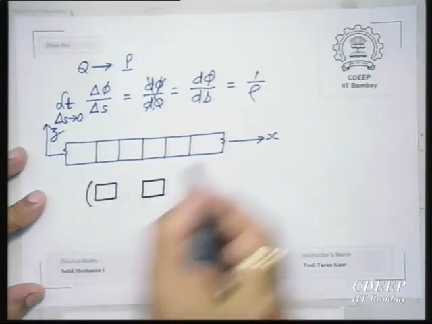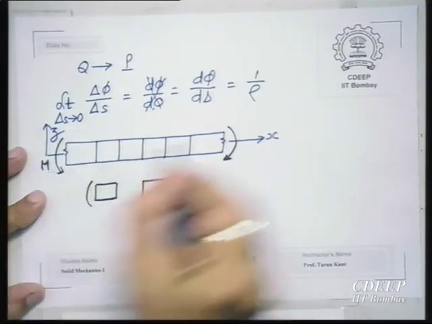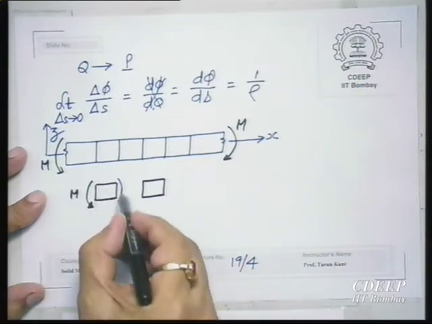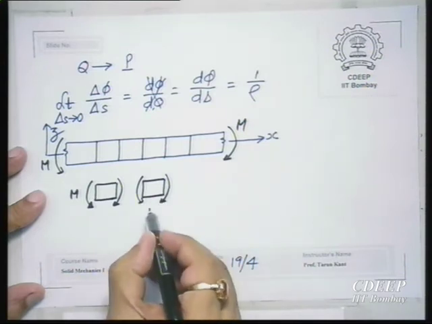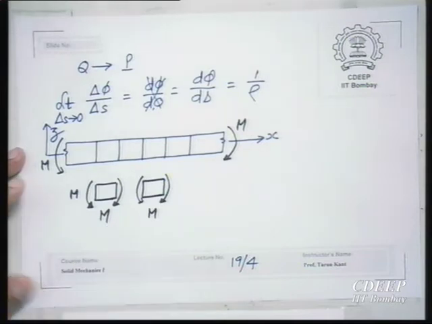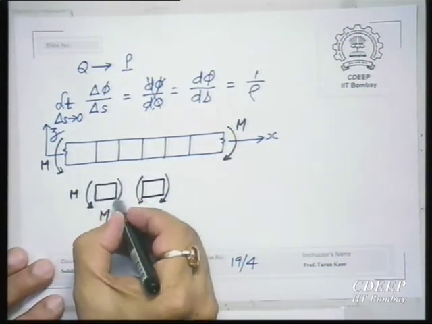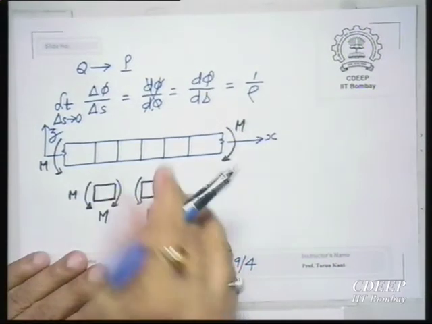So everywhere, if this is subjected to moment m, the total beam is subjected to pure moment m, then this is also subjected to it at every point. Now we have to make some predictions about the deformation of these. One is this line. After this deforms, this is undeformed.